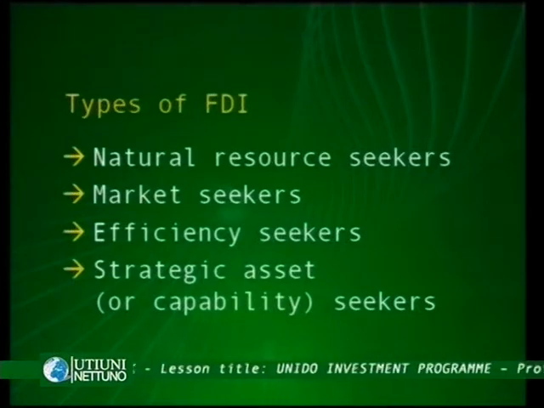Sometimes investors invest in a foreign country because they want to gain access to a specific company, or a specific technology, or some kind of specific asset in that country. So this is where an investor invests in a foreign country not to provide anything to that country, but to receive from that country some strategic asset that may be important to the global strategy of the company.